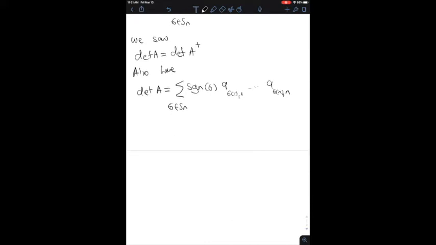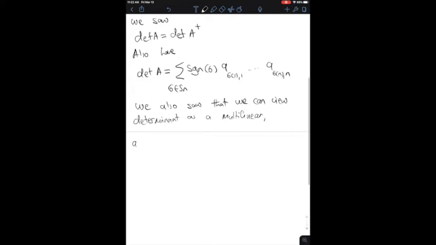Okay, so the last thing we saw in the lecture from Wednesday was that we could view the determinant as a multilinear alternating function acting on the space of column vectors. So we also saw that we could view the determinant as a multilinear alternating function.